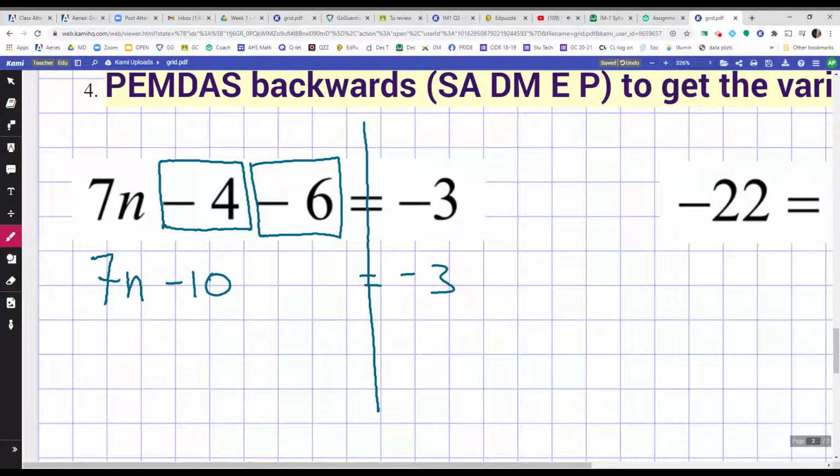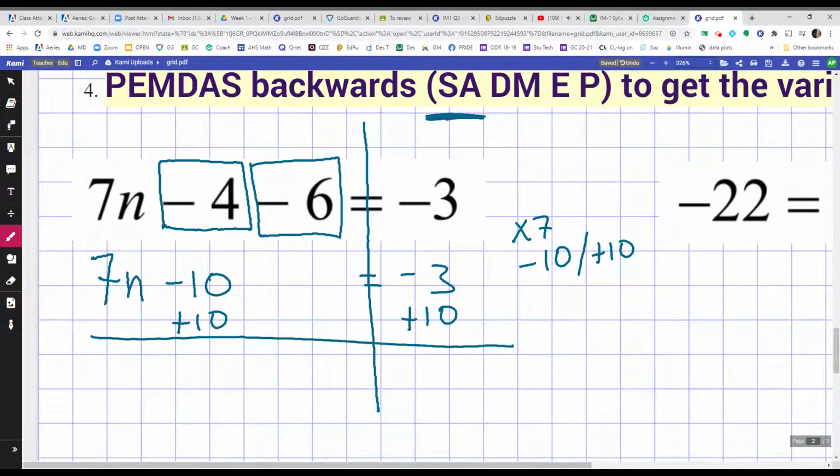Okay, now if we have to solve, we're going to do PEMDAS backwards, starting with adding and subtracting. In this situation, I see multiplying by 7 and subtracting 10. So that means I'm going to start here. I have to add 10 to both sides. Plus 10, plus 10, draw my line.